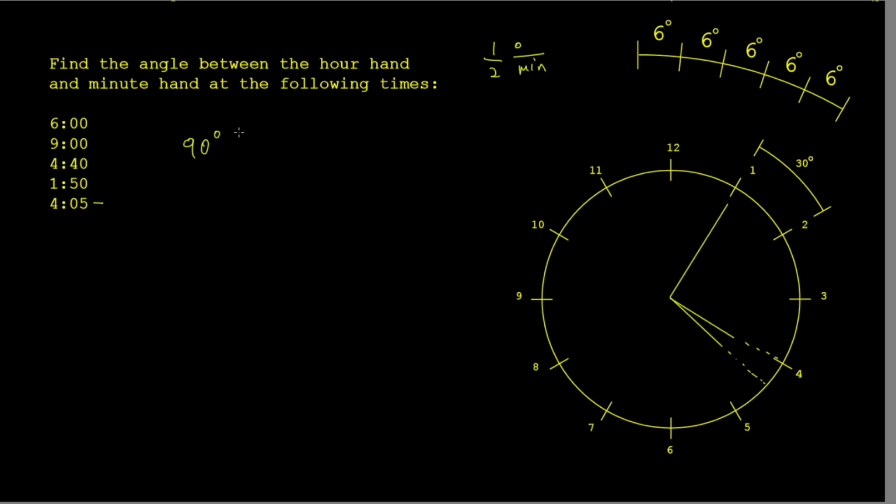So that is going to be 90 degrees plus 30 degrees per 60 minutes times 5 minutes. 90 degrees plus 1/2 times 5, so 2.5 degrees, which gets us to 92.5 degrees.